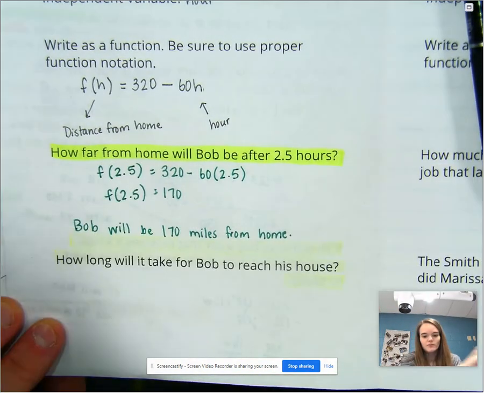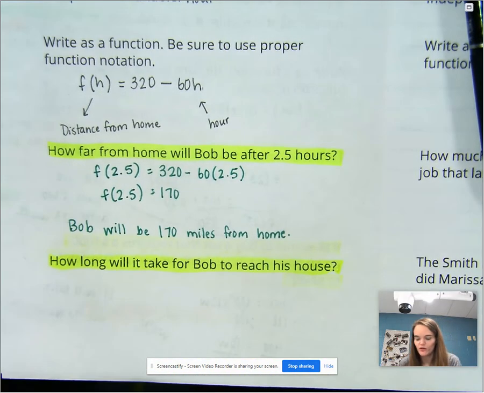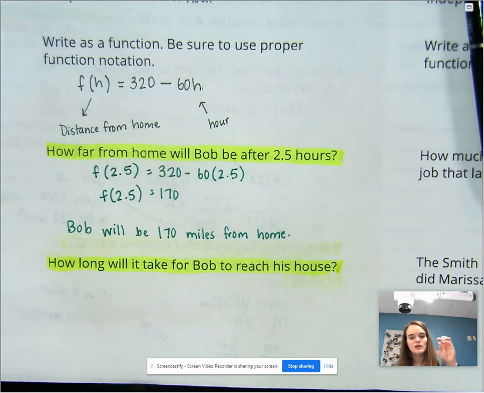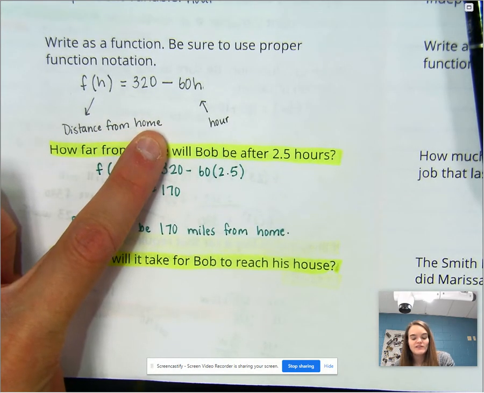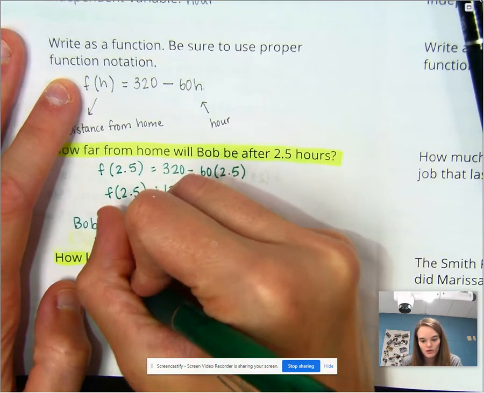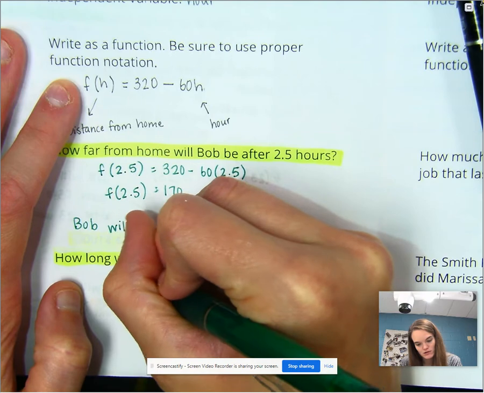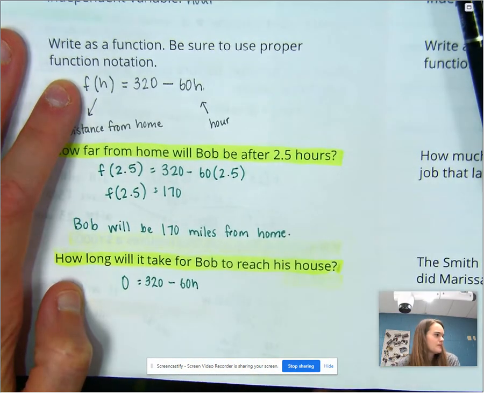Okay. Now, how long will it take Bob to reach his house? Well, if this function is the distance from home, if he's at his house, the distance from home is 0. So now we're going to solve.